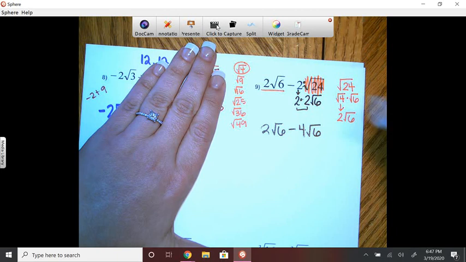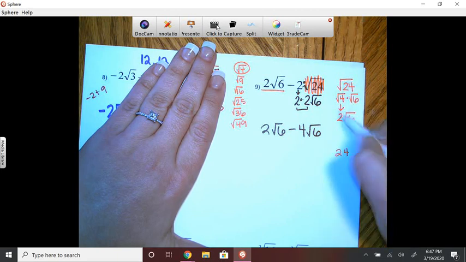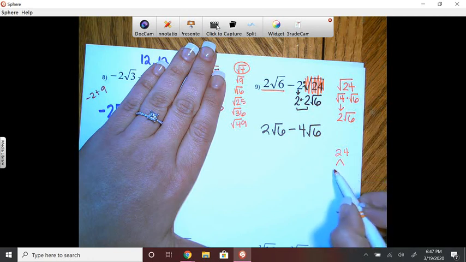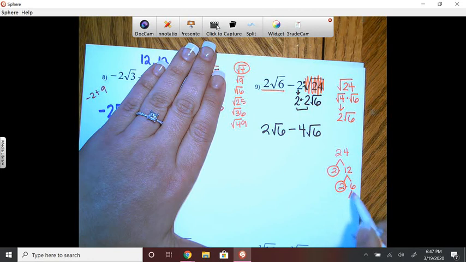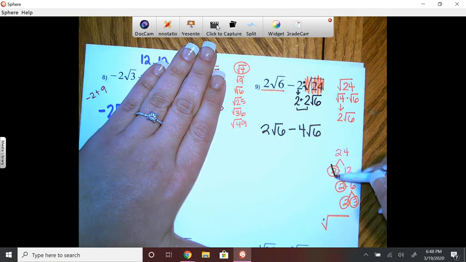So just to recap, we could also take 24 when we're simplifying it, and we could do a factor tree and pick any 2 numbers. So for example, we could do 2 times 12, and then we keep going until all the numbers are prime. And remember, prime means nothing goes into it other than 1 and itself. So then when they're all prime, because the index here is a 2, it's an imaginary 2 right here, we're looking for a group of 2 that matches, so those 2, but only 1 survives.